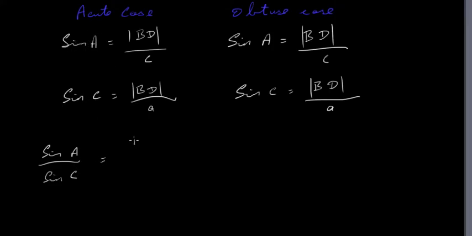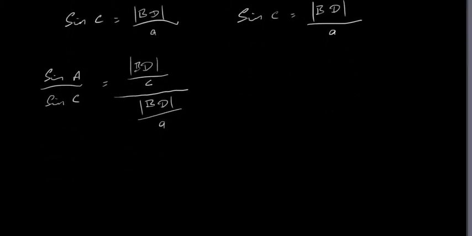That's going to be BD over C divided by BD over A. And if you look at that, it's going to be the same in both the obtuse and acute cases.